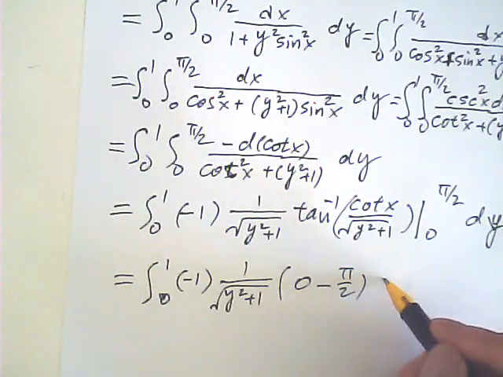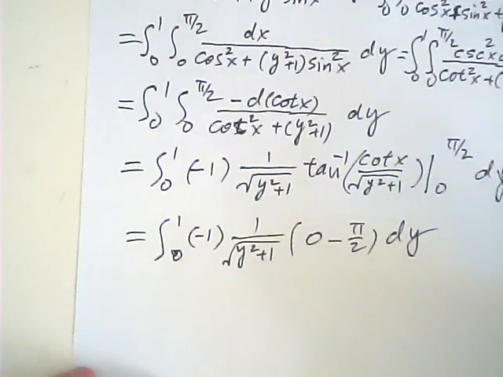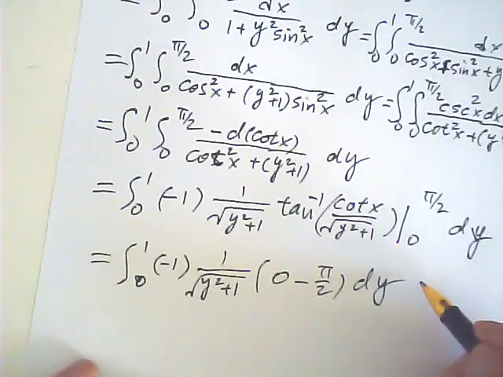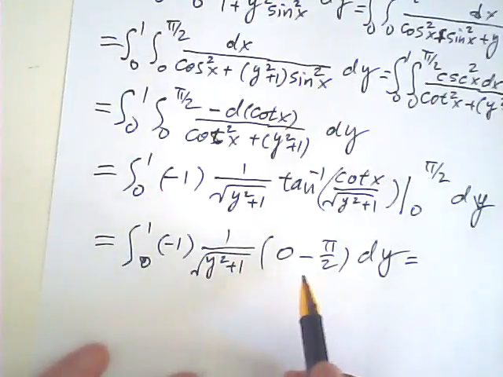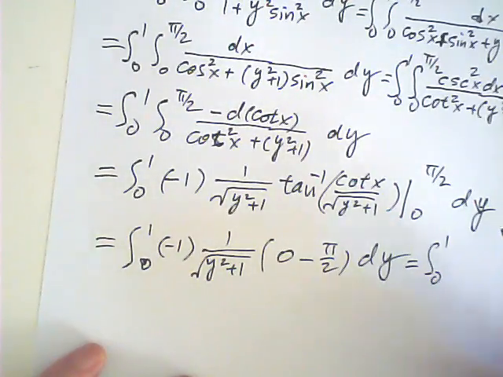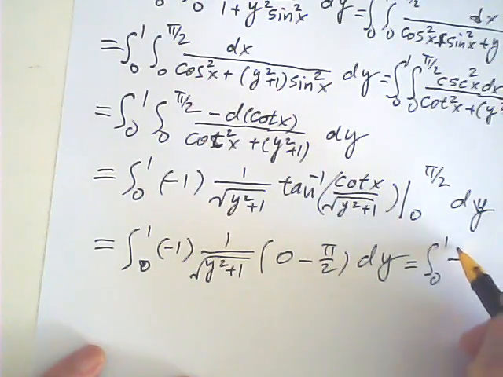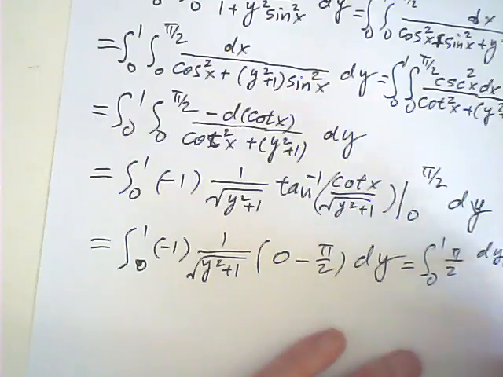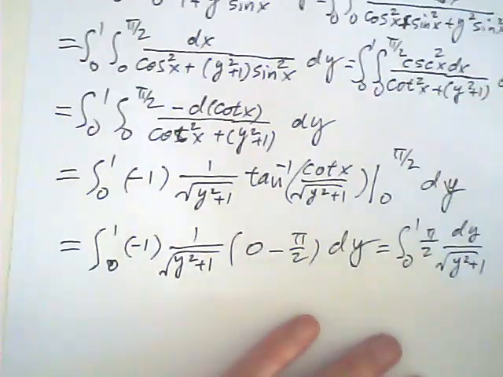Then dy. This is right. So this becomes negative with negative, positive, right? The integral of half pi and dy over y squared plus 1.